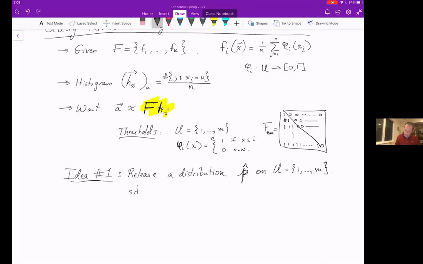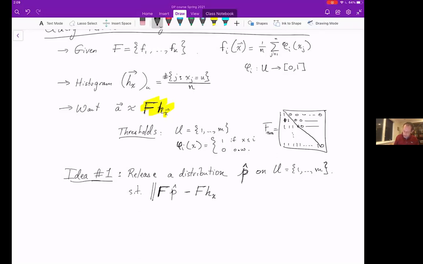Okay, and our linear algebraic notation actually makes that pretty easy to express. So what we want is to find a distribution p hat such that when I multiply by this matrix, where p hat is a vector of length m whose entries are between 0 and 1 and add up to 1, the result should be as close as we can pull off to the same matrix applied to the histogram.